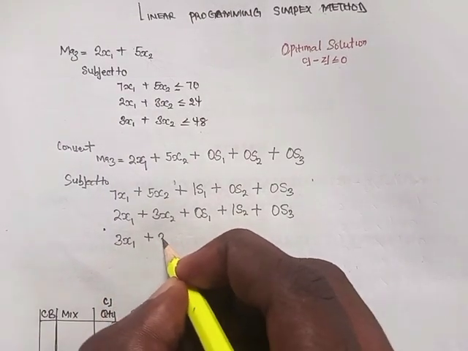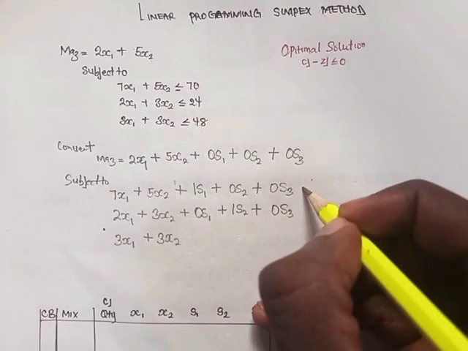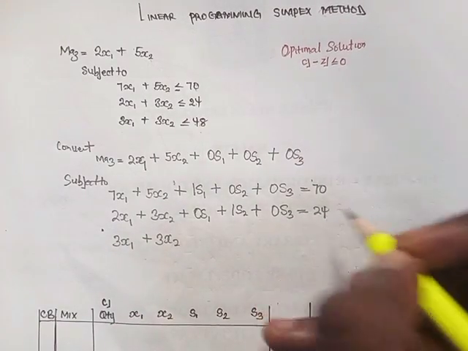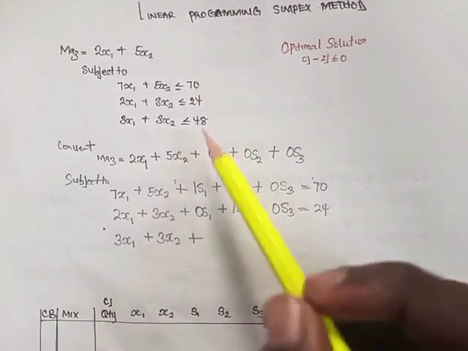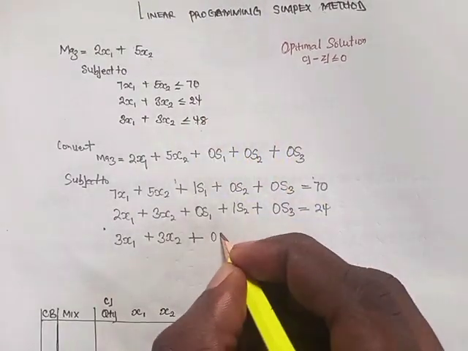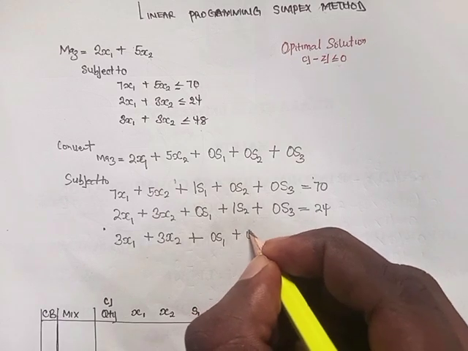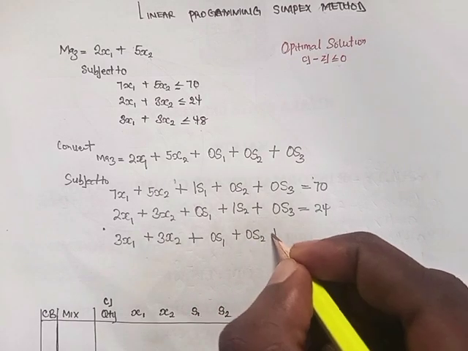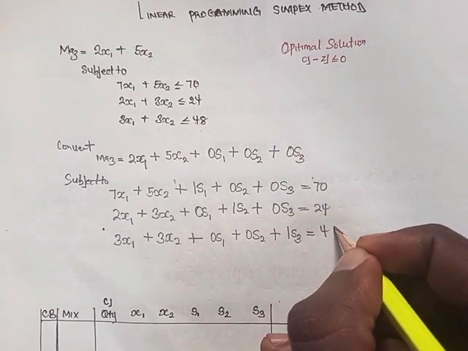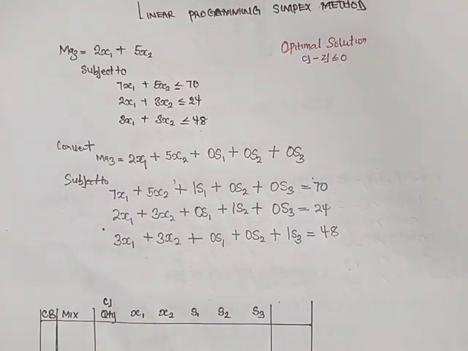While my third constraint, let me convert it into standard format. This is equal to 70, equal to 24. So to convert my third constraint, the first and second constraints will be equal to 0 plus 0x2, and the third constraint will be equal to 1. So I've been able to convert them into standard.